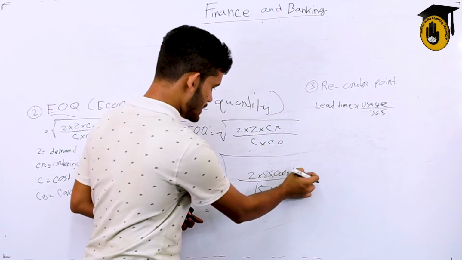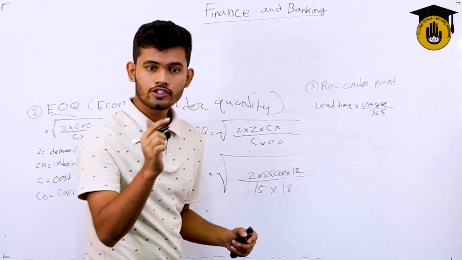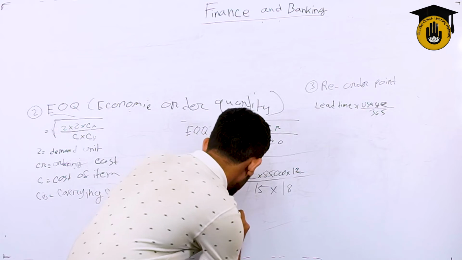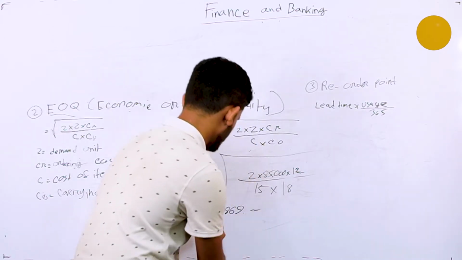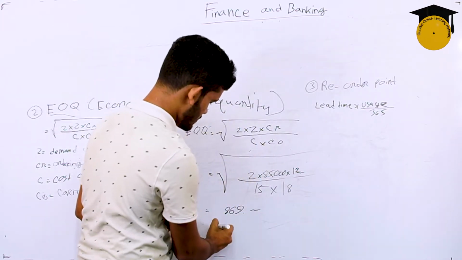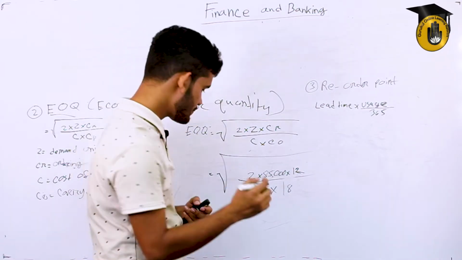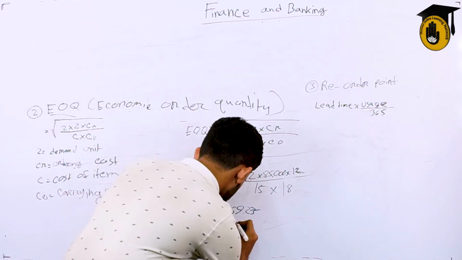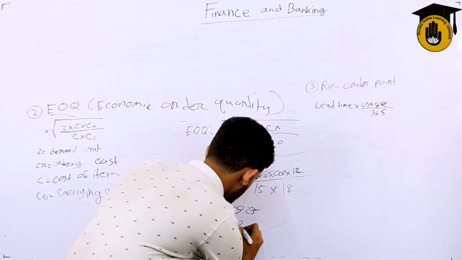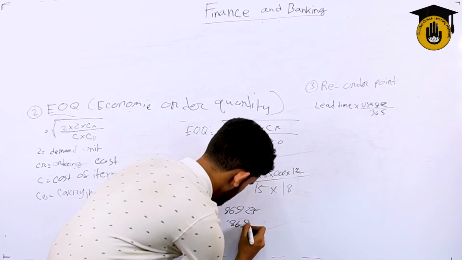You just multiply this, multiply this, divide them, and take a root over those. We will eventually get a result of 869 point something. If we just take out the points, it is 869.